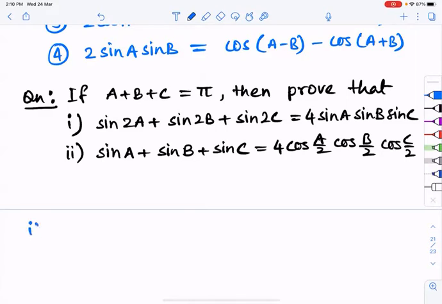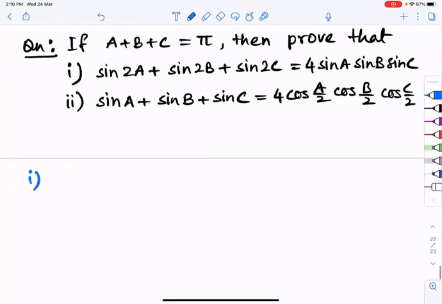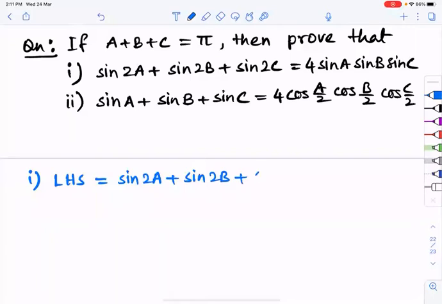So part 1, LHS is equal to sine 2a plus sine 2b plus sine 2c.